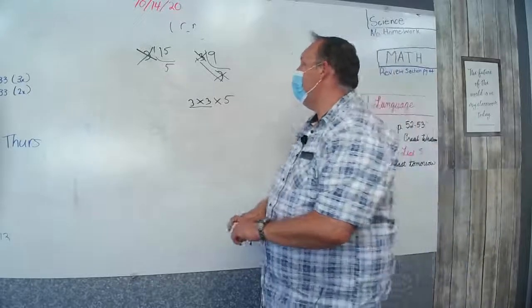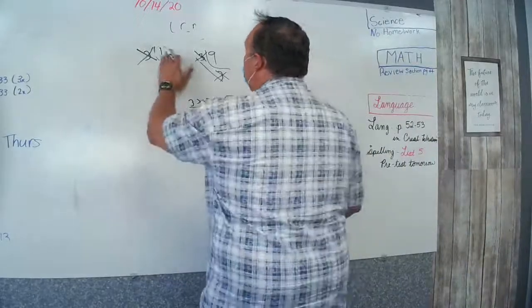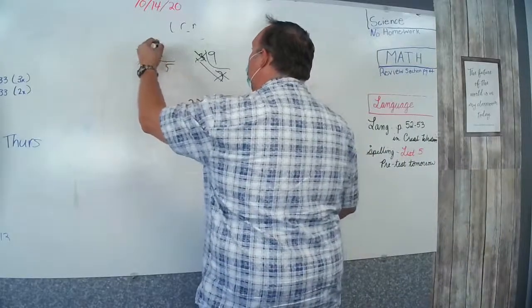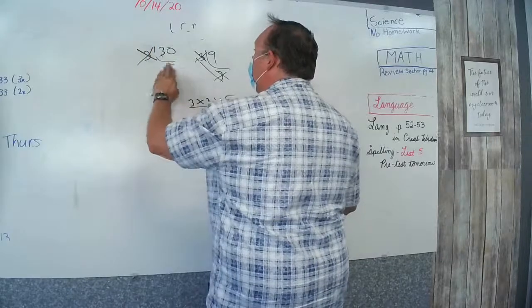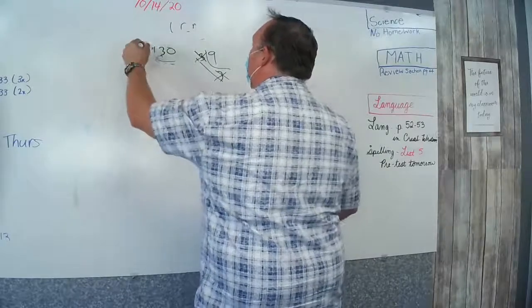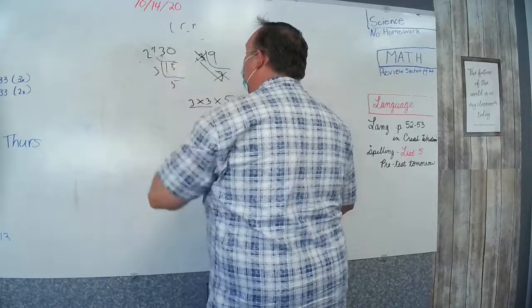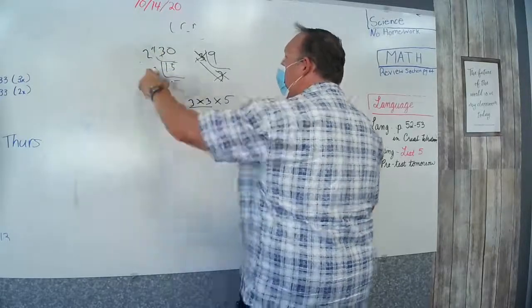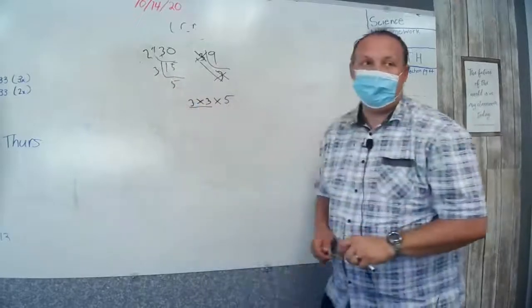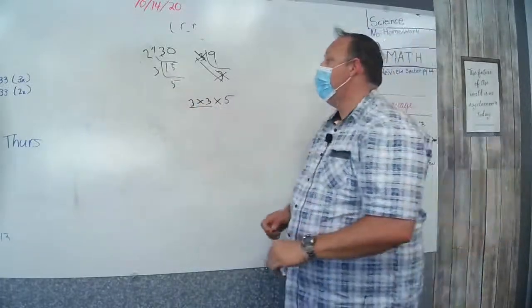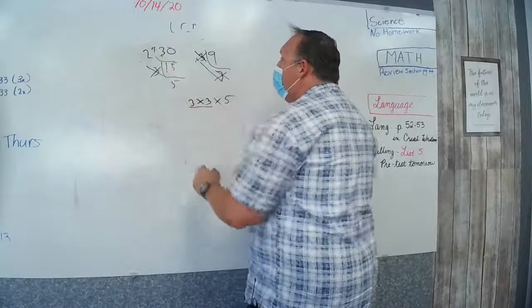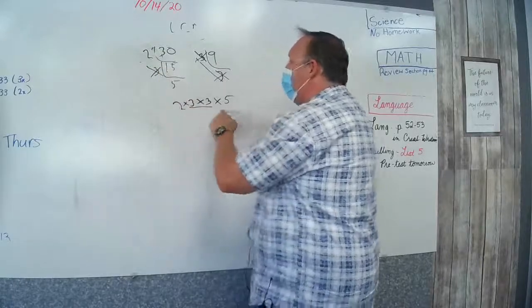If I had 30, I would have 2, 3, and 5. I don't use the 3, but I do use the 2 and the 5.